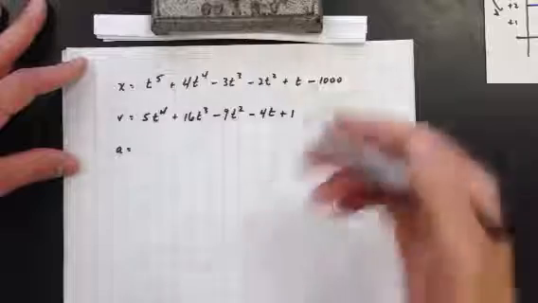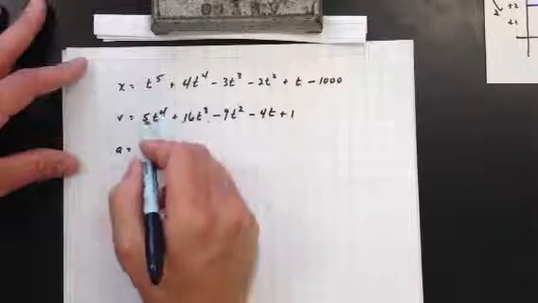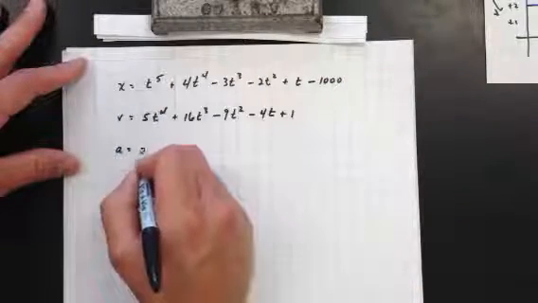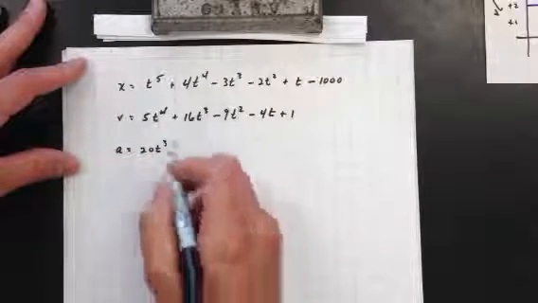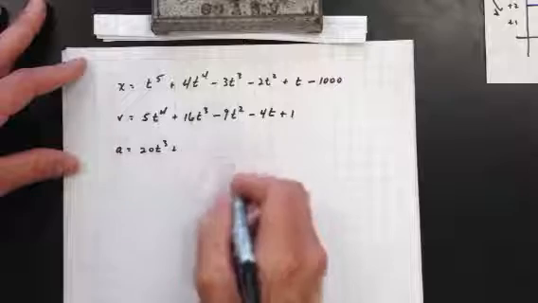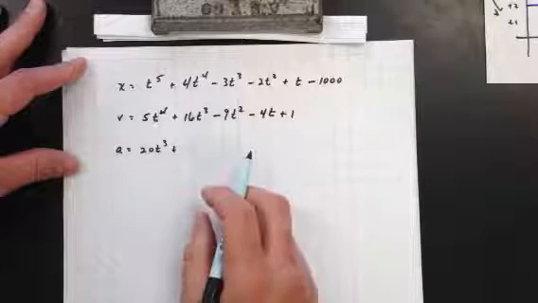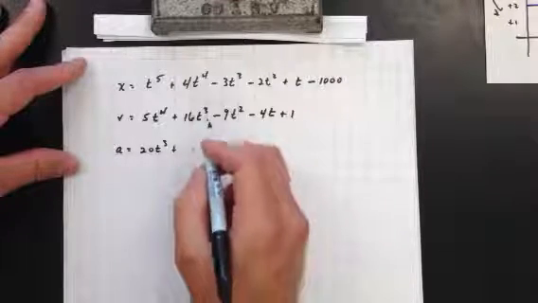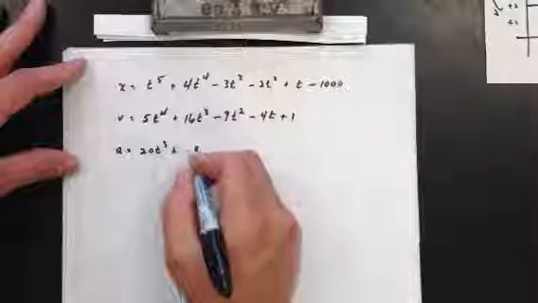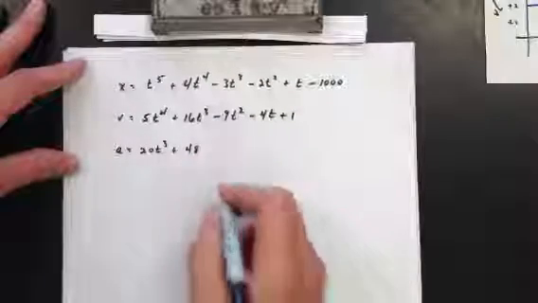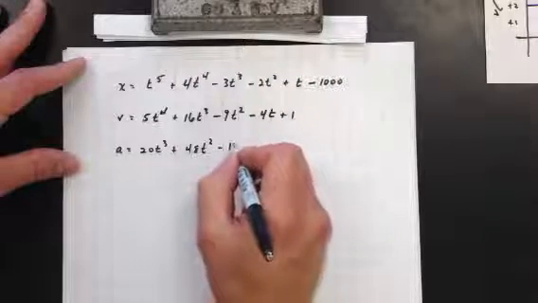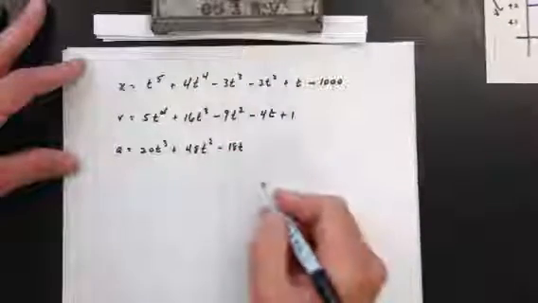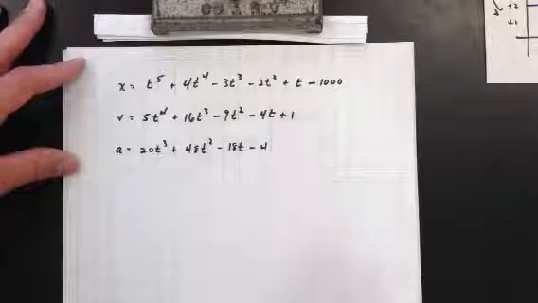Acceleration, again, all it is doing is another derivative. 4 times 5 is 20, t to the 3rd. Oh boy. 6 times 3 is 18. So that's 48. T to the 2. That's 18t to the 1, minus 4.